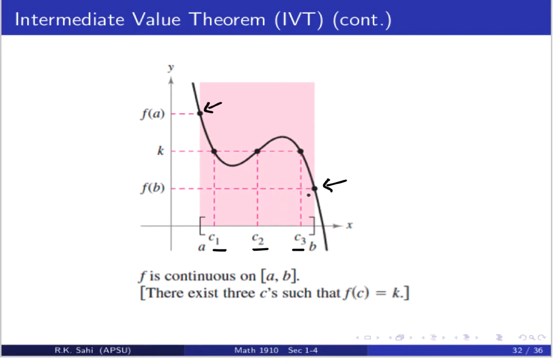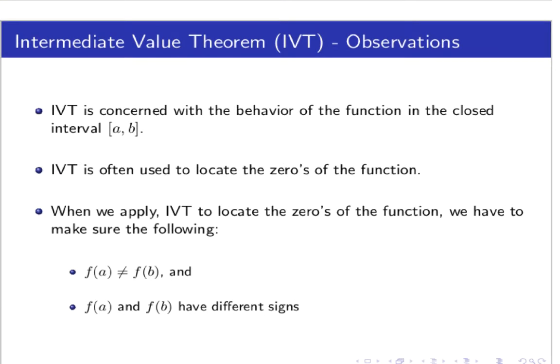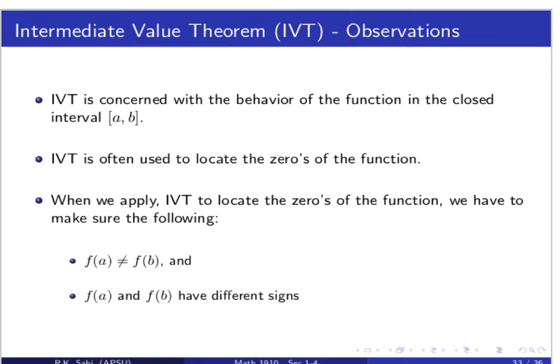Now, let's talk about some observations on this intermediate value theorem, which is going to be basically IVT; I'm going to use that as an abbreviation here. This is concerned with the behavior of the function in a closed interval. And it is very often used to find the zeros of the function.